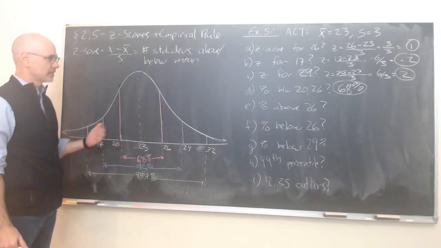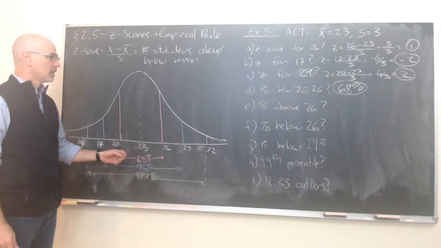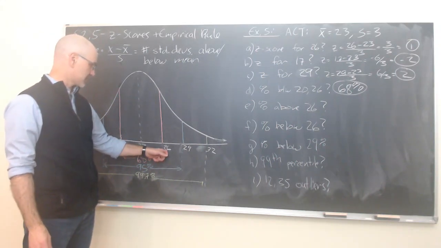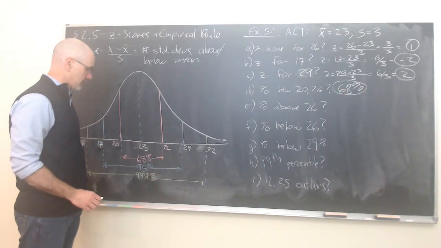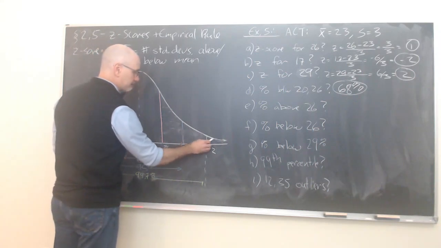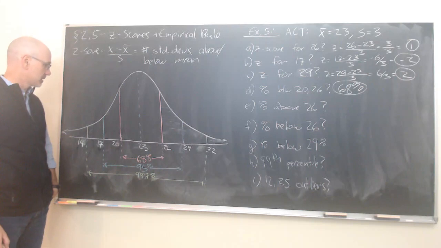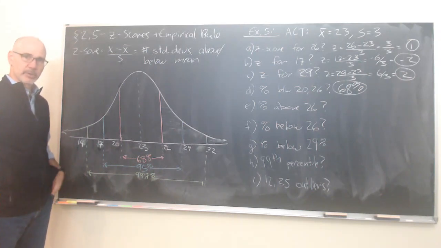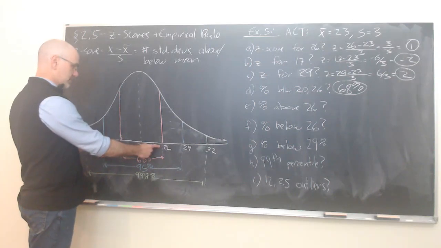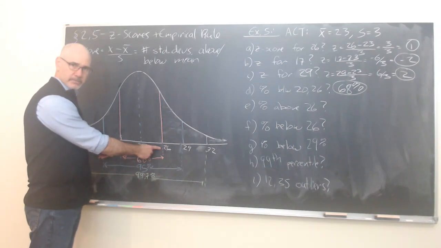The next couple, you have to do a little bit of geometry and some addition and subtraction. So we want to know now the percent that's above a score of 26, right? So that's this area, and we're asked to figure out what percent that area is. Well, this takes a little bit of work because all we are given are middle areas. We know that the middle area here is 68%, which means we're missing 32%.